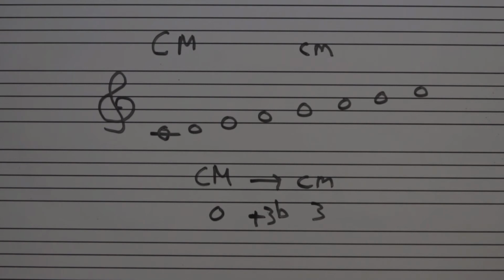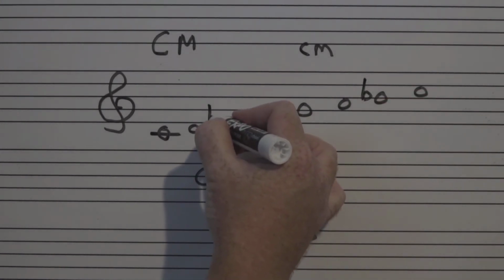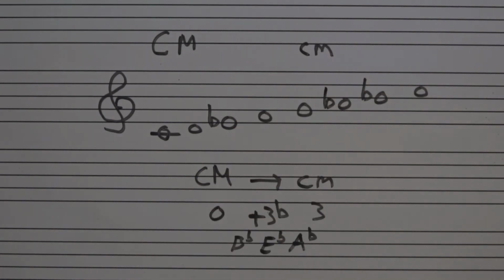Let's use the order of flats to be able to add that, and that is B flat, E flat, and A flat. There's our order of flats. So we add B flat, E flat, and A flat. And hopefully you just had somewhat of a revelation. Do you remember going from major to minor in a previous video?